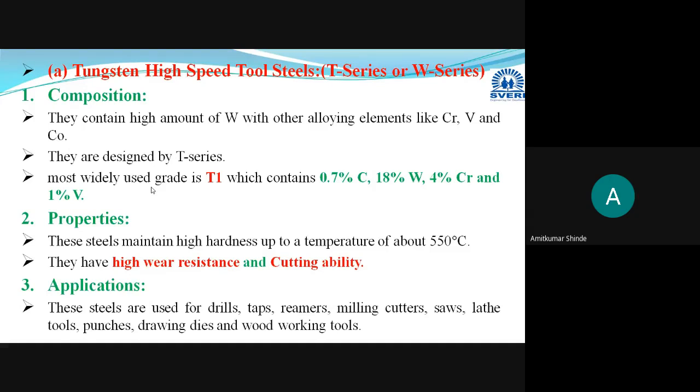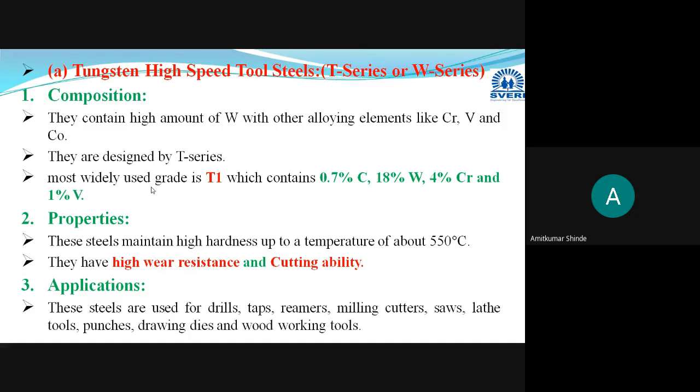Generally, the tungsten high speed tool steels used are from T1 grade. You can simply remember that this is just the designation, that is T series means tungsten high speed tool steels. Now this T1 has a specific composition like this, that is 0.7% carbon, then 18% tungsten, 4% chromium, and 1% vanadium. Okay, it is also known as 18-4-1 tool steel.